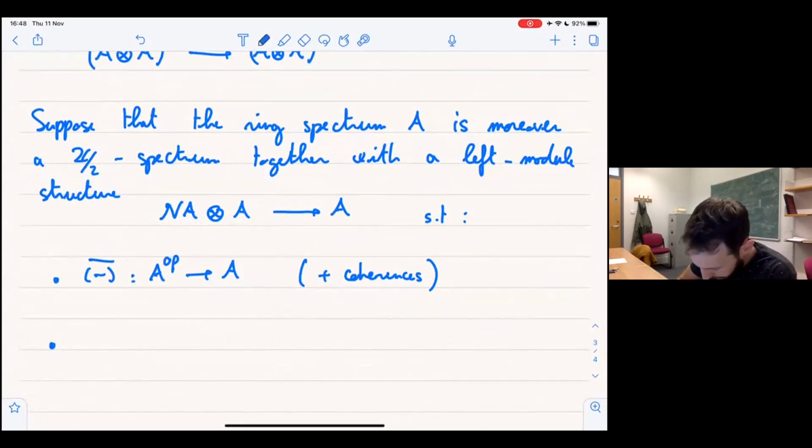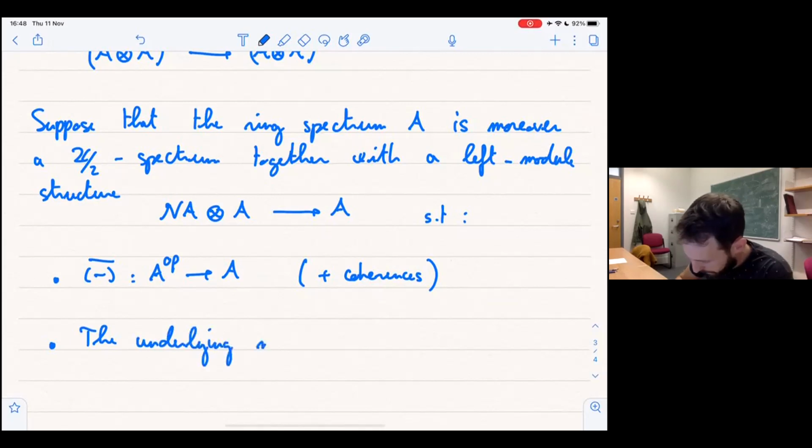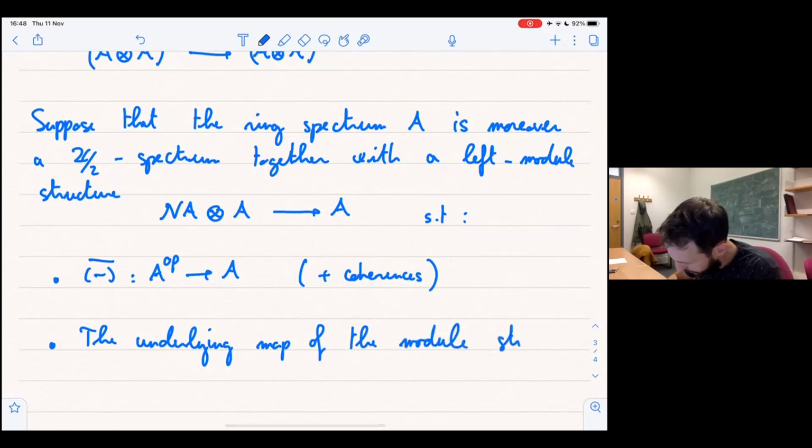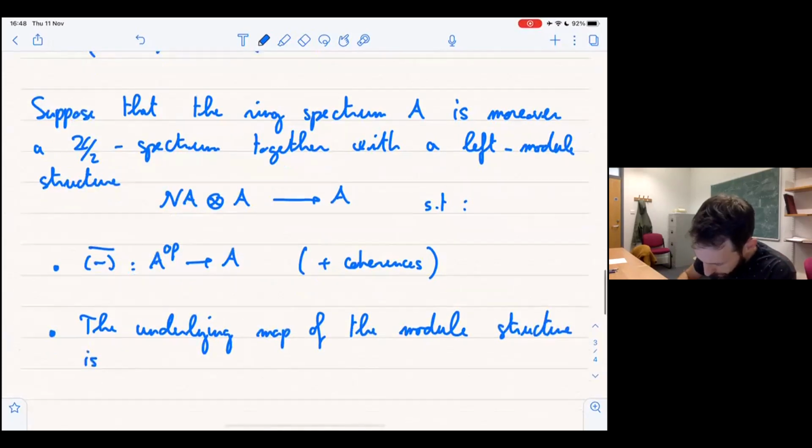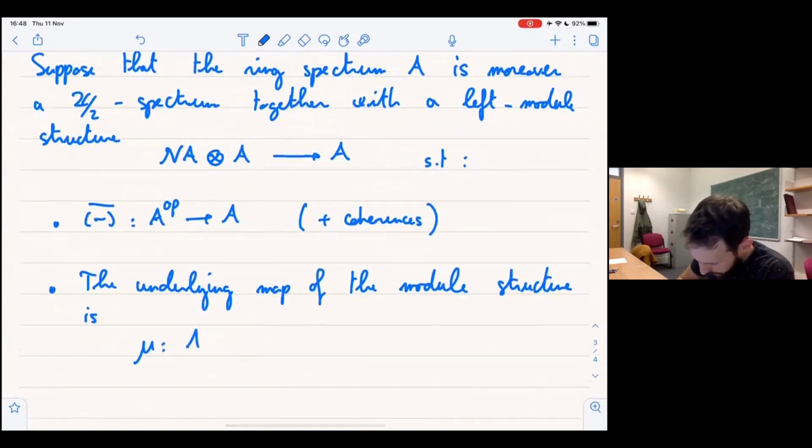So the underlying map of the module structure is, well, so it's some map like that.